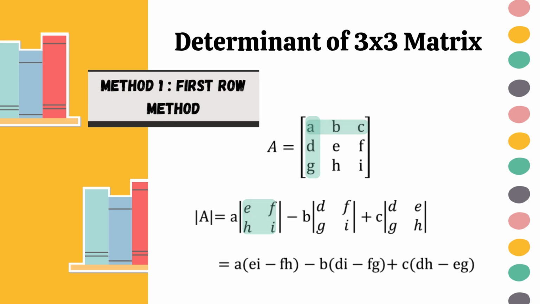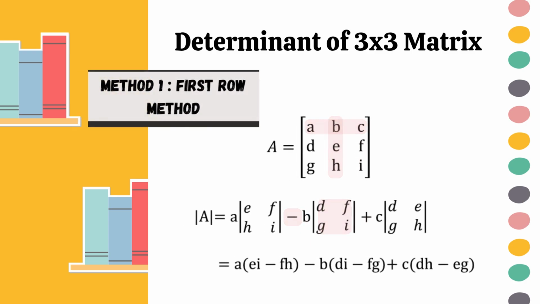For each element, we remove its row and column to form a 2x2 minor. Then, find the determinant of that 2x2 minor. We also apply alternating signs, plus, minus, and plus, across the first row.